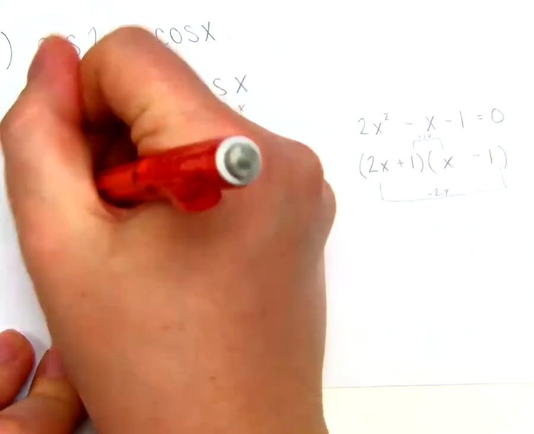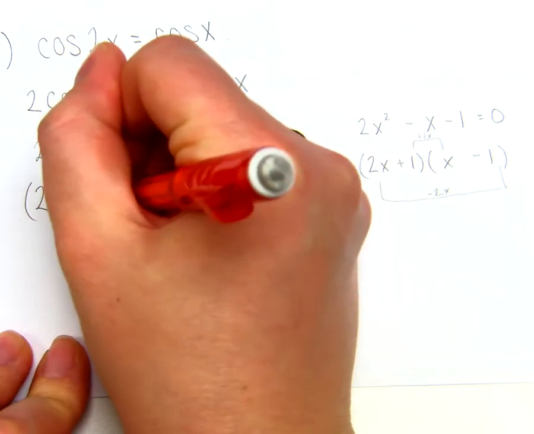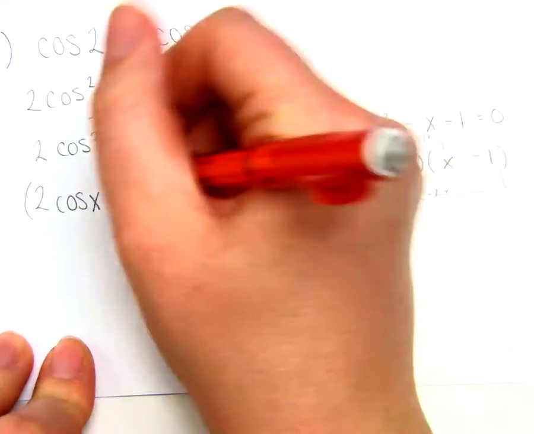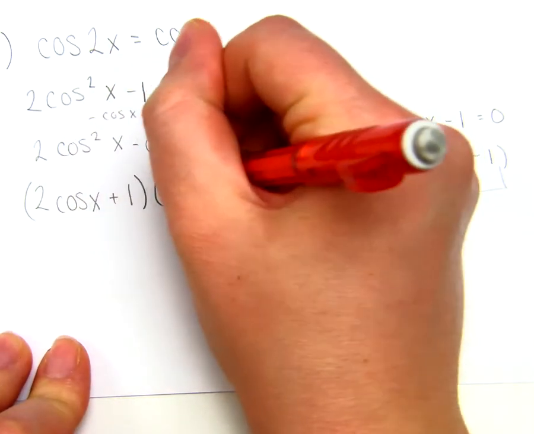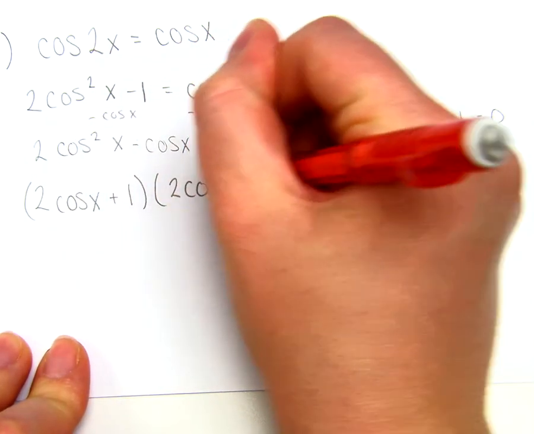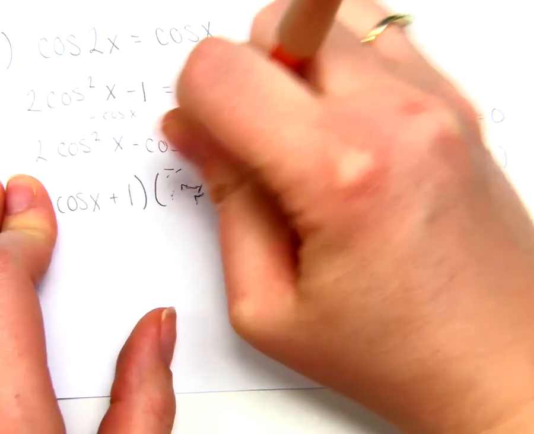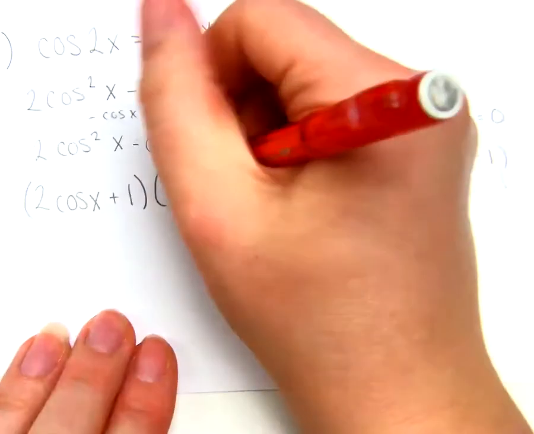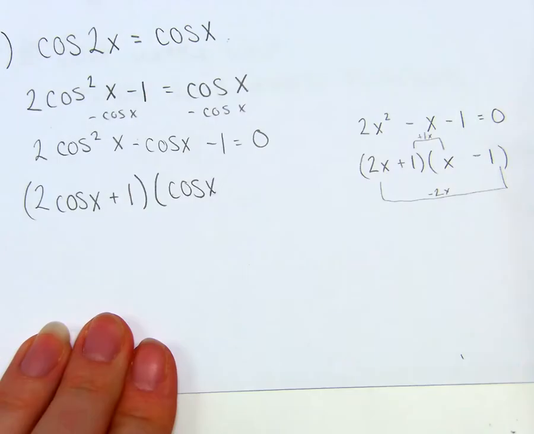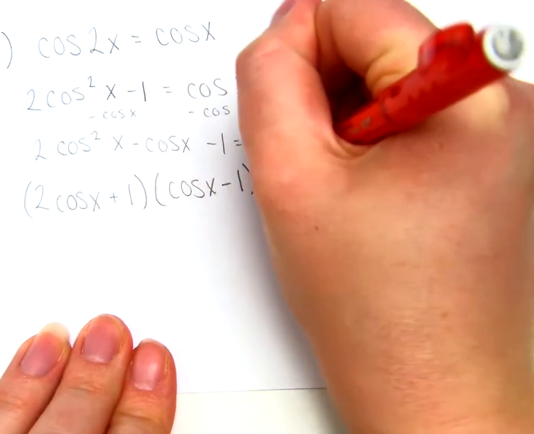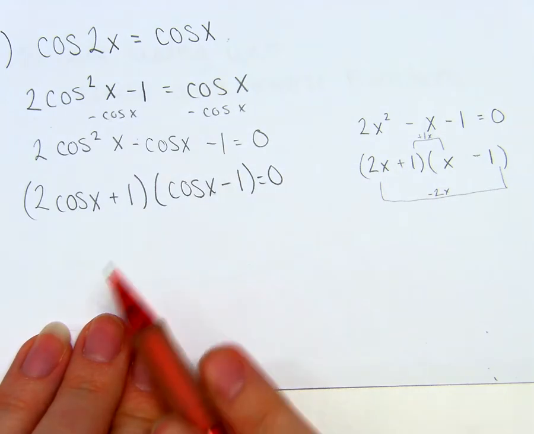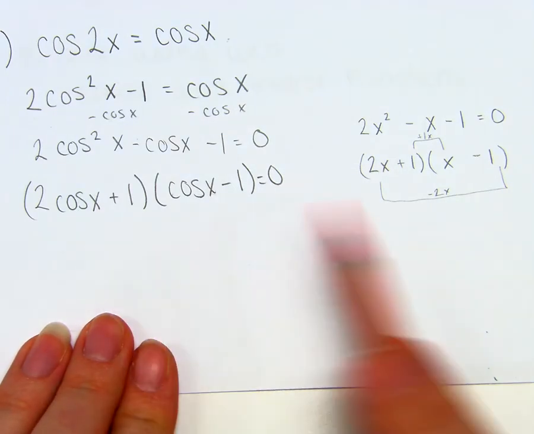So I have 2 cosine x plus 1 and, sorry, just cosine x minus 1. So it's the same thing, I just put cosines in front of my x's.